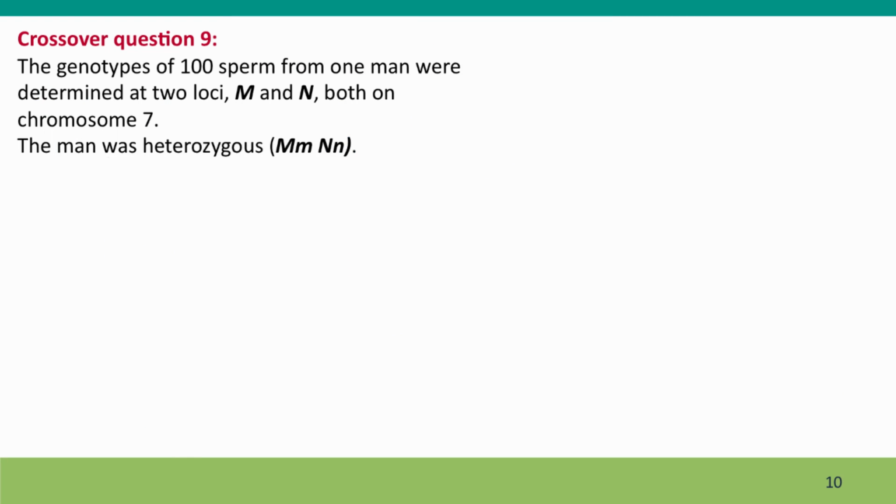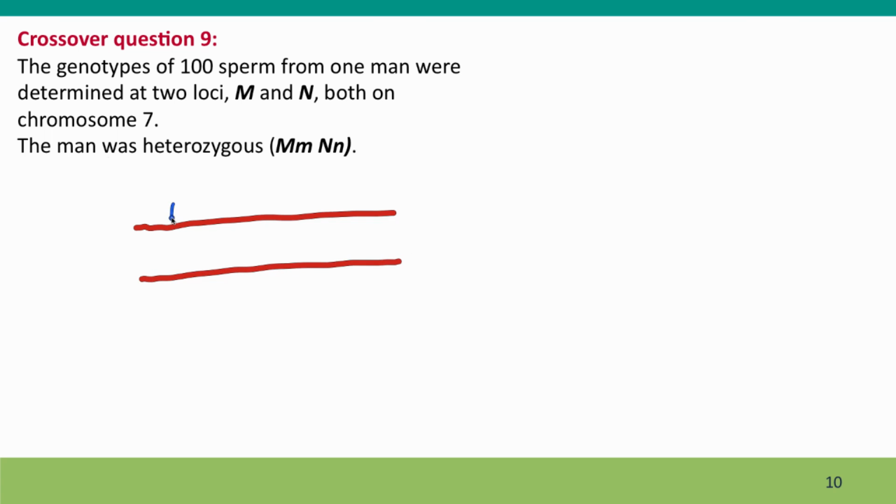Now, here's another problem, a slightly more complicated problem. We're considering a man who's heterozygous at two loci that are both on chromosome 7. His genotype is big M, little m, big N, little n. And normally, in the previous problems you've seen like this, the first thing you had to worry about was, well, which alleles are on which chromosome?